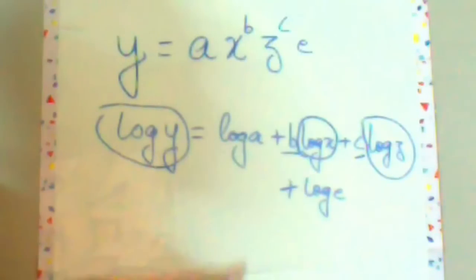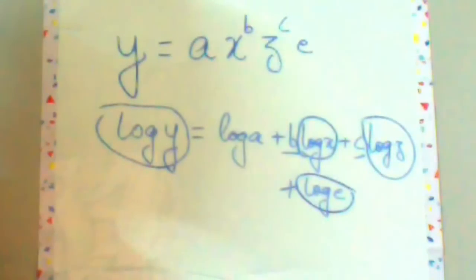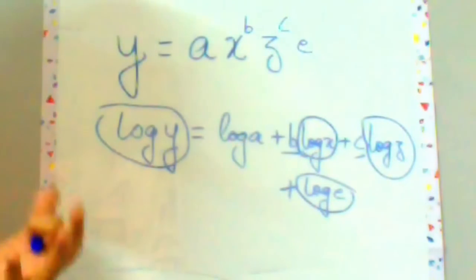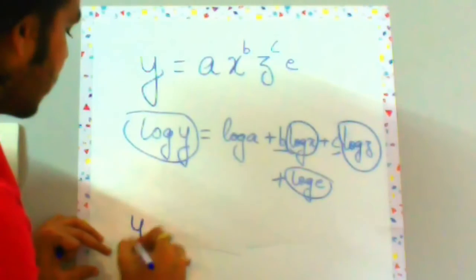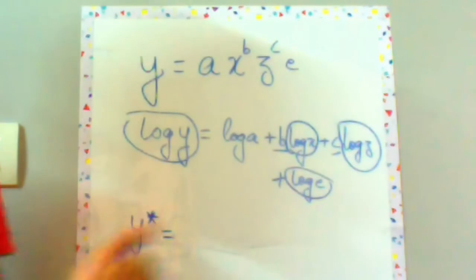The coefficient of log x is b and the coefficient of log z is c, and this thing over here is your residual or error. And over here, if you just replace log y with some y star, you will have y star is equal to, and you can take log a to be some a star.